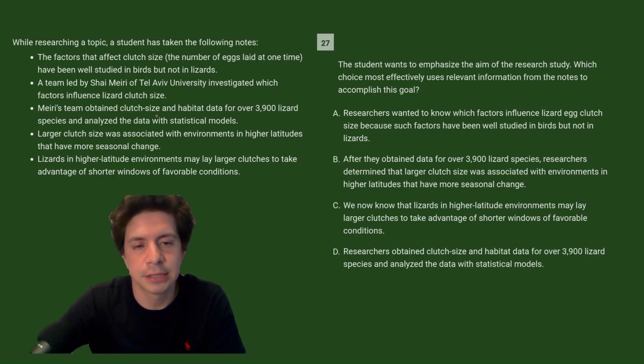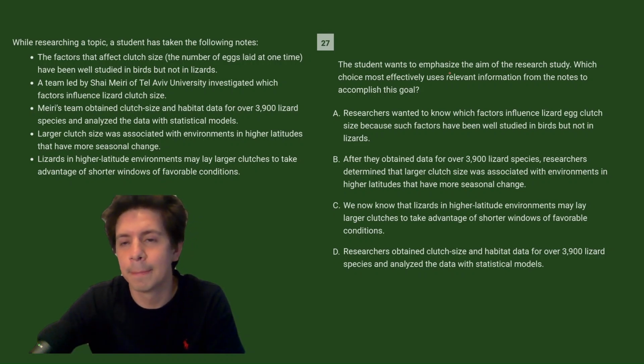Meiri's team obtained clutch size and habitat data for over 3,900 lizard species and analyzed the data with statistical models. Larger clutch size was associated with environments in higher latitudes that have more seasonal change. Lizards in higher latitude environments may lay larger clutches to take advantage of shorter windows of favorable conditions.